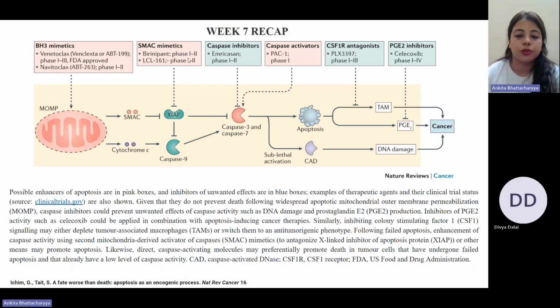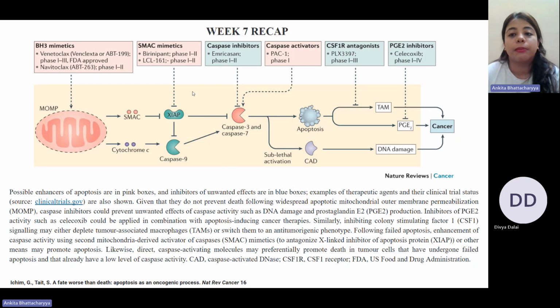So these are the different approaches, and what you see next to each of these drugs are the commercial or official names of these drugs and what stage of clinical trials they are in. You will see that some of them are FDA approved, for example, venetoclax.